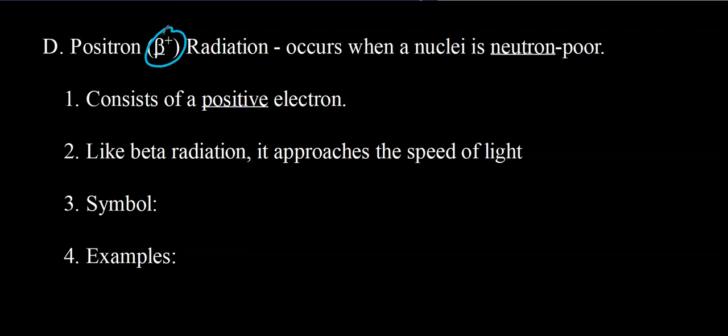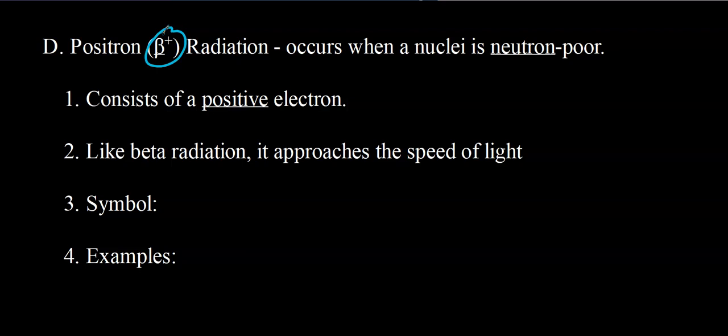So what exactly is a positron? What does a positron consist of? Well, think about what that word means. Positive, tron, electron, positive electron.